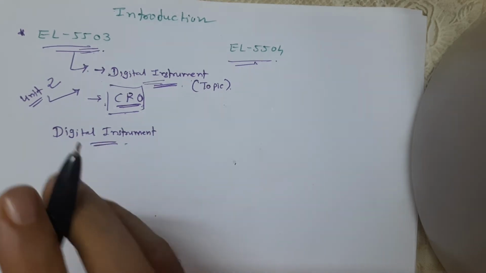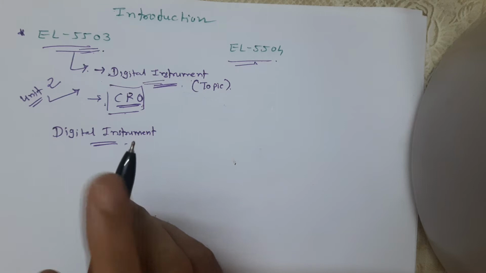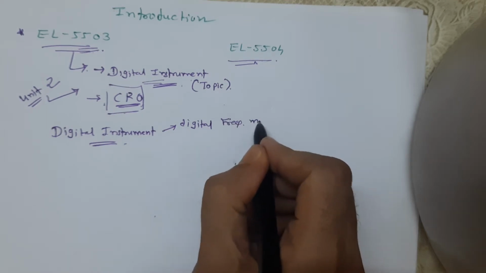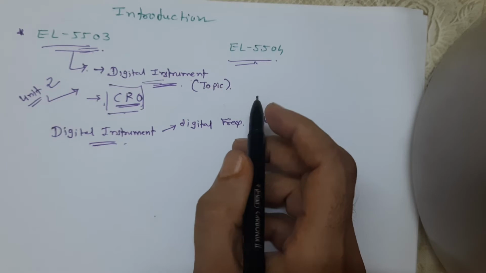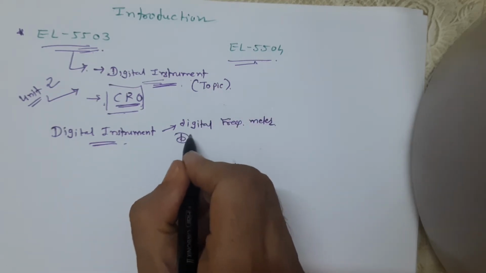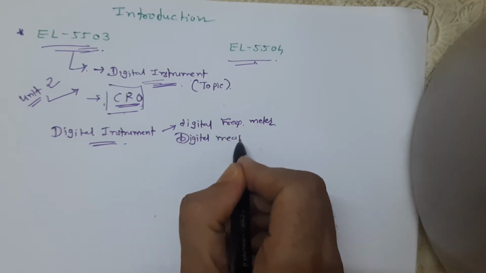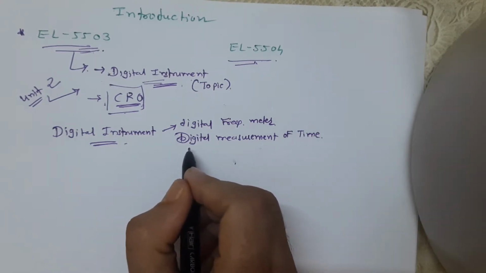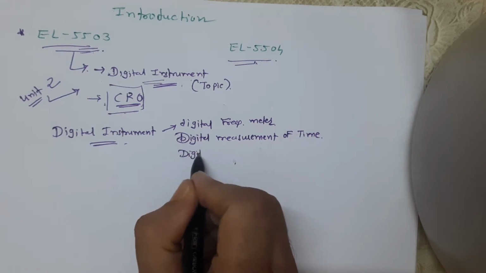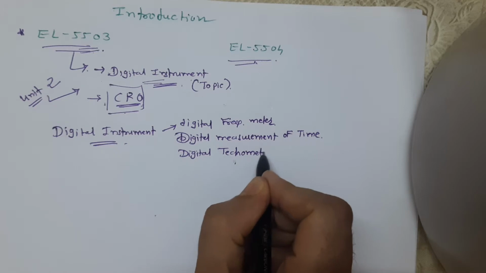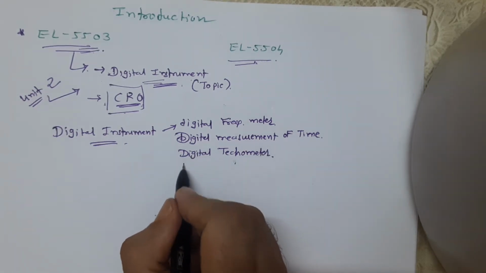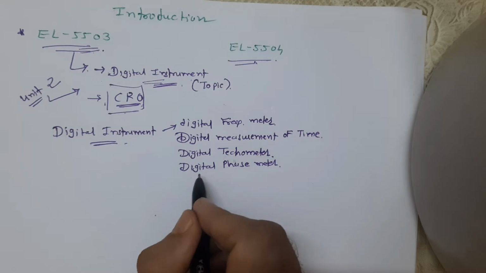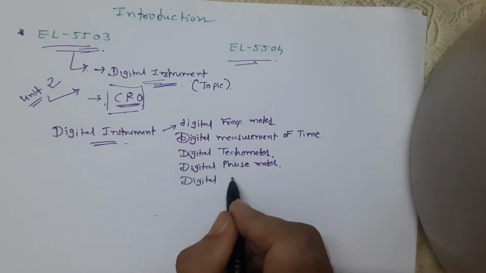Here we study different types of digital instruments like the digital frequency meter, through which we can measure the frequency, digital measurement of time, then digital tachometer, digital phase meter, and digital capacitance meter.